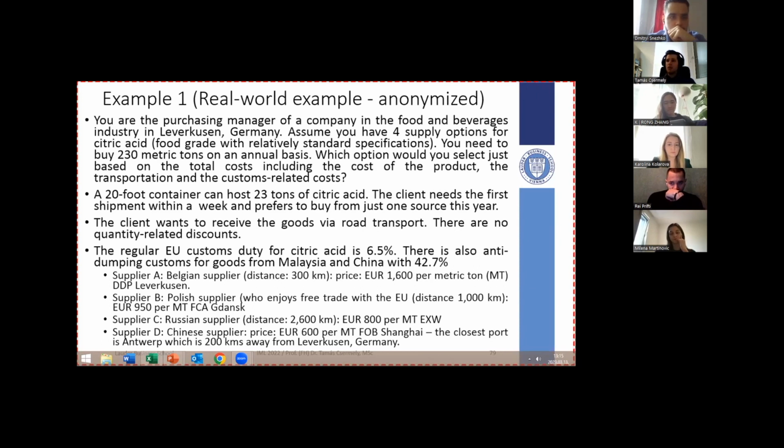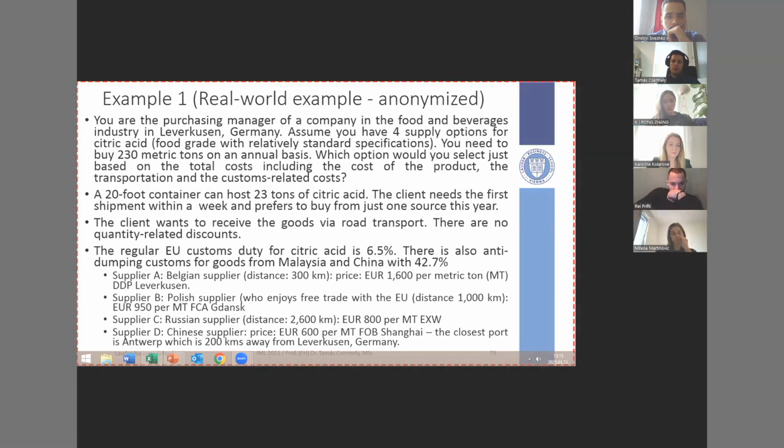For each breakout room, you will go through one of these examples. Breakout room 1 will calculate this for supplier A, breakout room 2 for supplier B, breakout room 3 for supplier C, and number 4 will cover the 4th vendor.